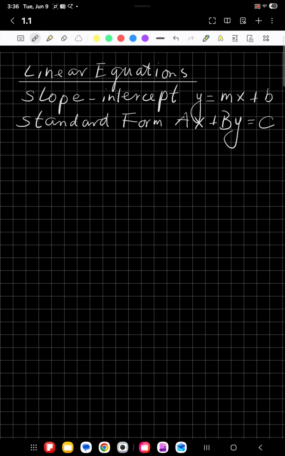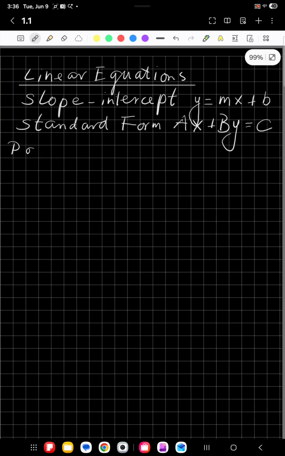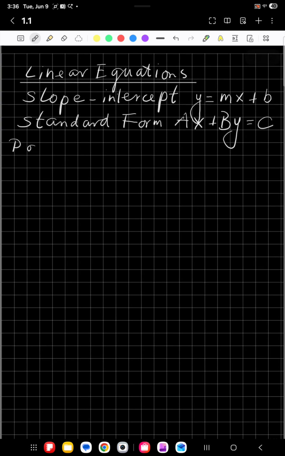And the last one that we'll use most often is called point slope. It's y minus y1 equals, and here you have the slope, and then x minus x1.